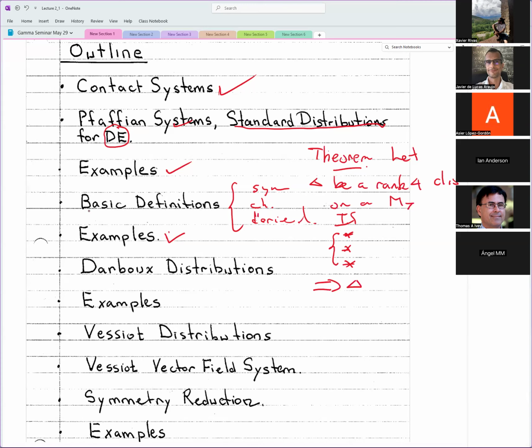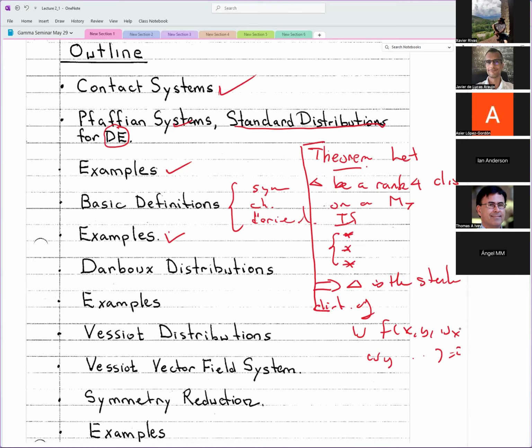Then delta is the standard distribution of some PDE, f of x, y, u, u_x, u_y, some second order partial differential equation in the plane. I wanted to stress that this kind of reconstruction or recognition theorem is a very important part of the classical literature with regard to the kinds of things we're talking about.